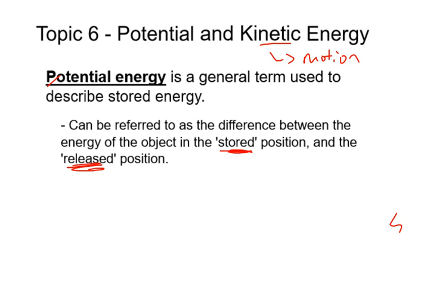As I'm pulling back right now, is there energy that's actively happening? Well, not yet, right? Which is why it has the potential to react. And as soon as I do let go, that potential will get converted into kinetic energy. And that's what we're going to be talking about over the next few days, the idea of something that has the ability to move, it's just not moving yet, and something that is now moving. That's the difference between a stored and a released position.